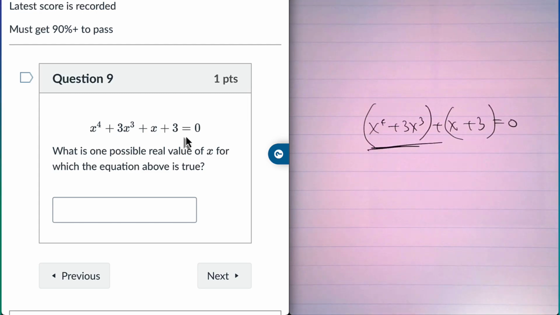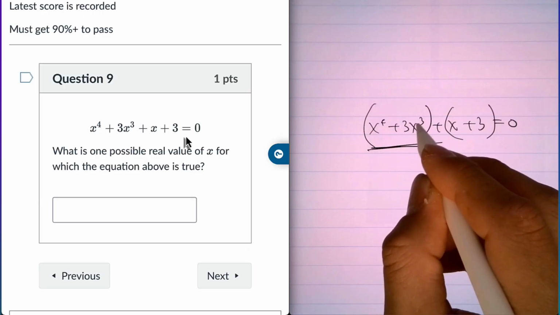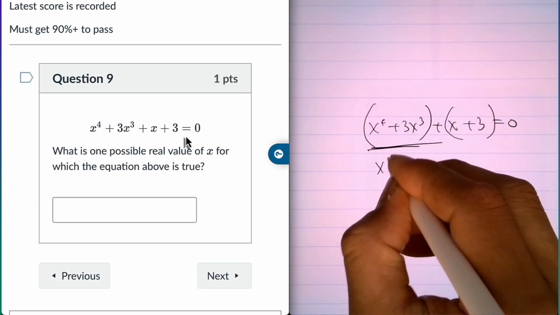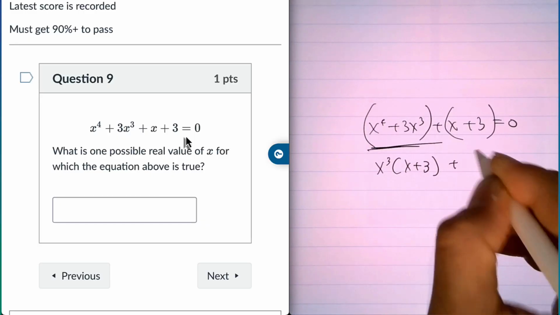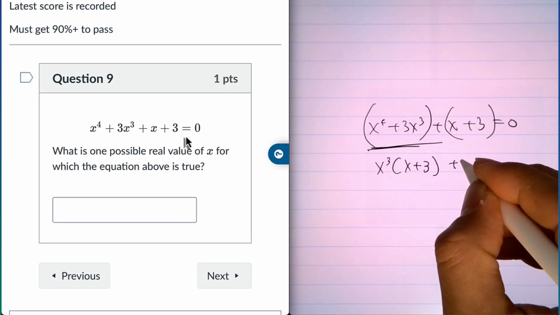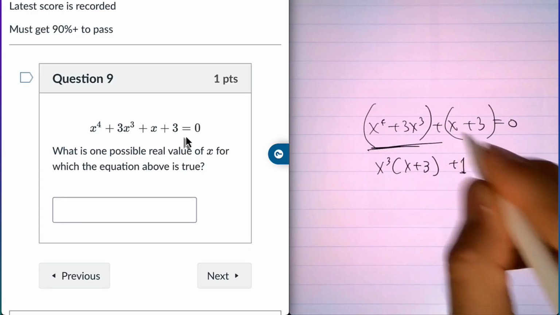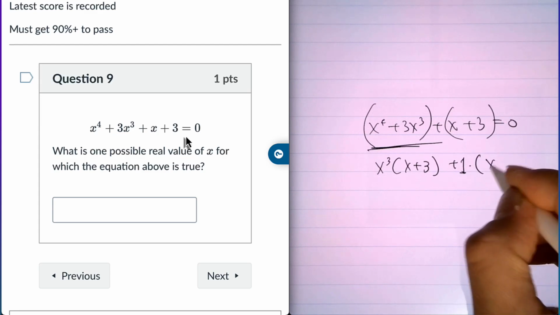So let's start with the first one. We can pull out the x cubed, because x cubed between x to the fourth and 3x cubed will be the greatest common factor. So x cubed is out. We have x plus 3. And here you can say there's an implied 1, because many of you might be wondering, oh, there's no number in front. It implies 1 is multiplied with x plus 3.